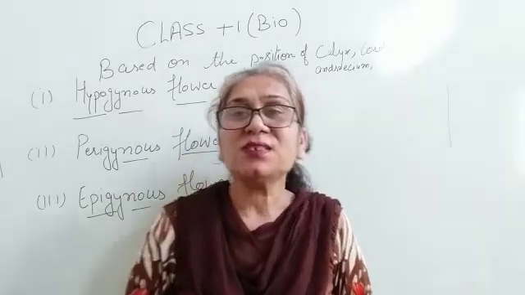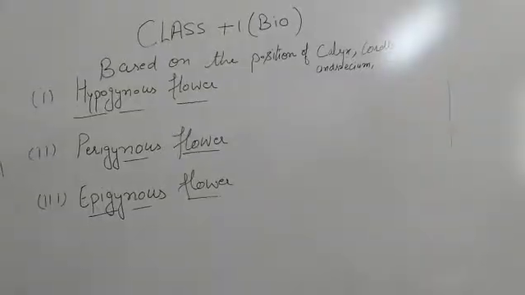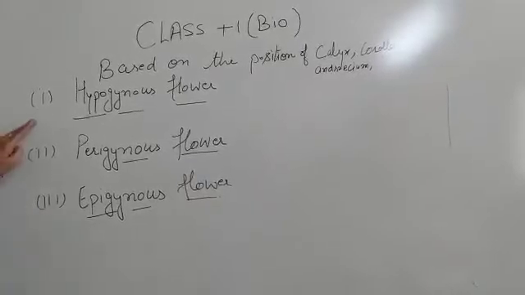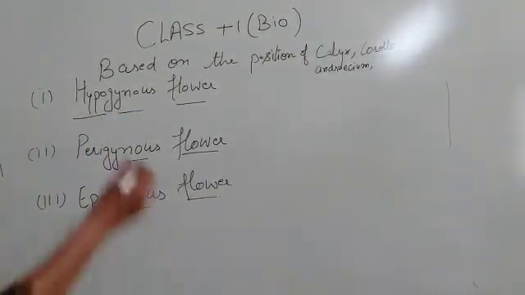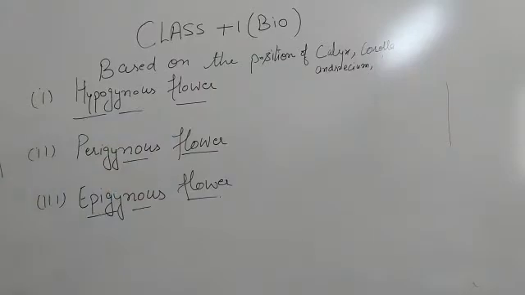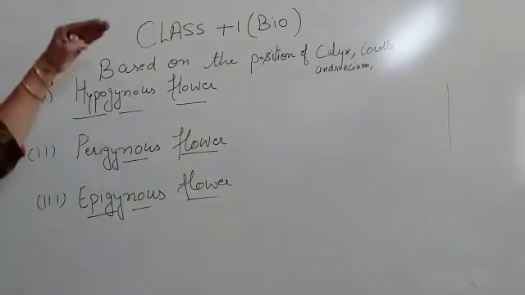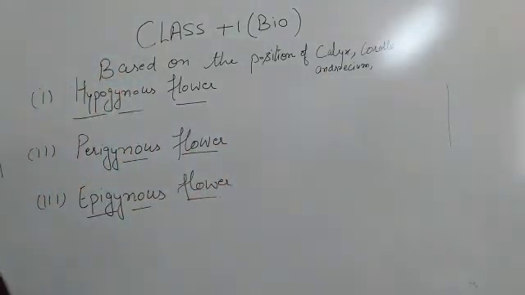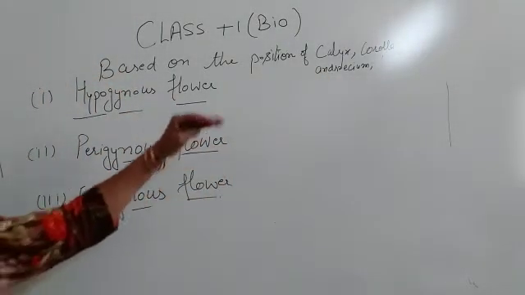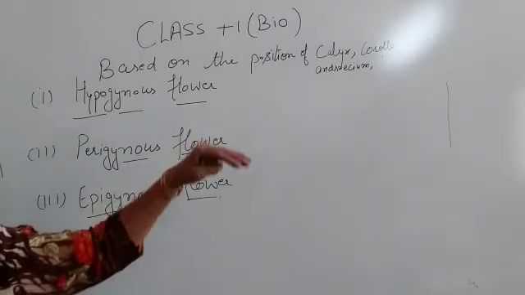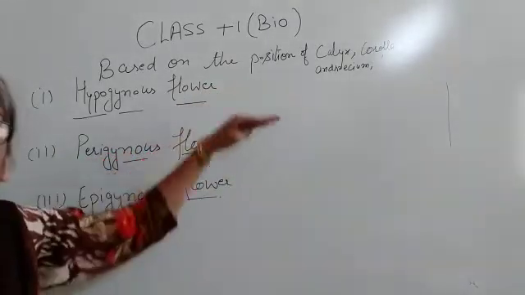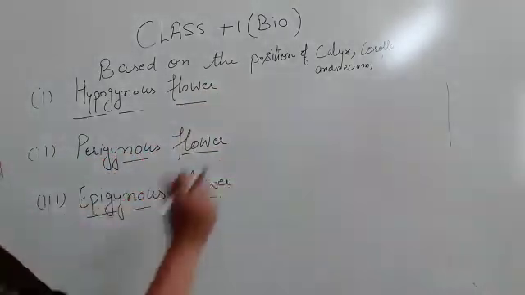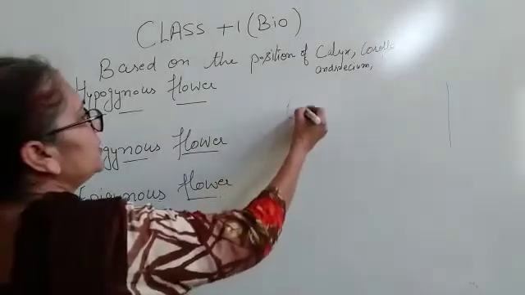Now the first term is hypogynous flower, right? In this hypogynous flower, the ovary lies above all the parts, means above calyx, corolla and androecium. All these three parts, calyx, corolla and androecium, they lie below the ovary. Like for example, this is the ovary.